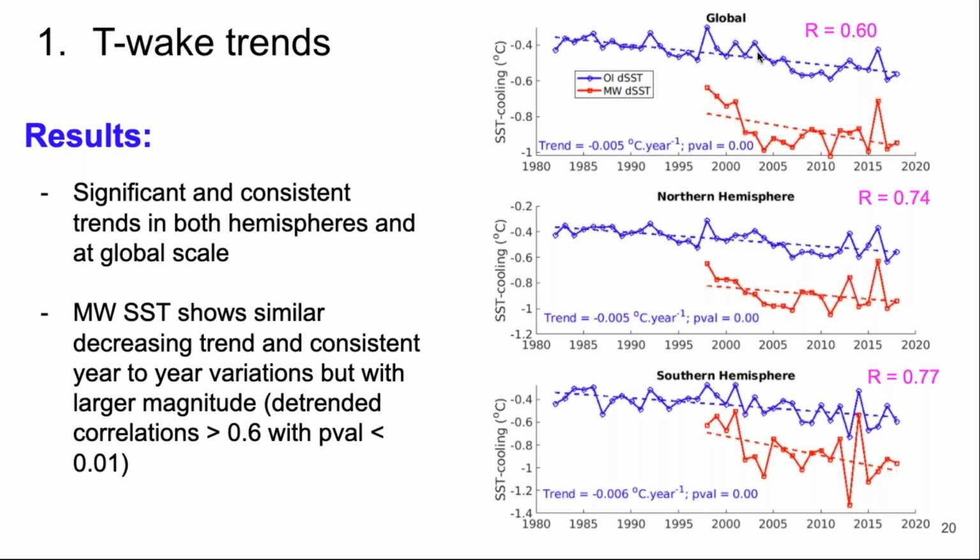OISST has a limitation due to cloud, whereas microwave SST doesn't have this limitation, so it shows a stronger magnitude of cold wake. However, they both have a very high correlation, the detrended correlation between them being from 0.6 to 0.77, which means they are in high agreement.